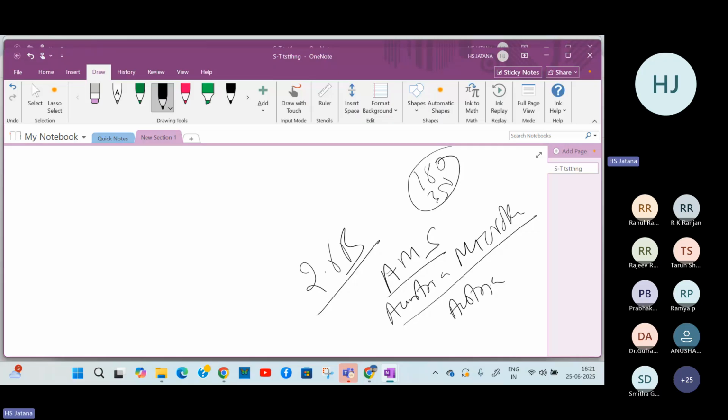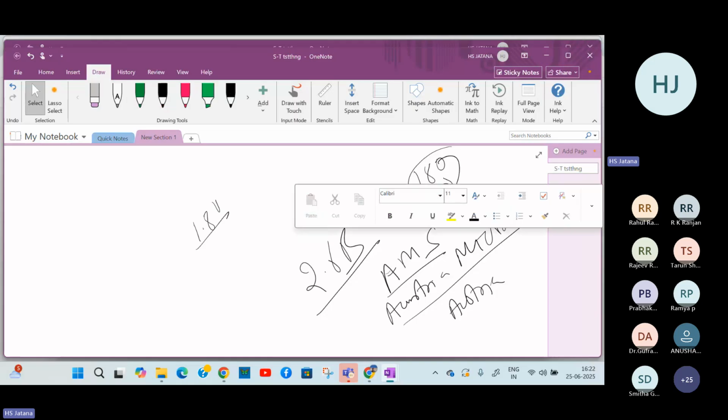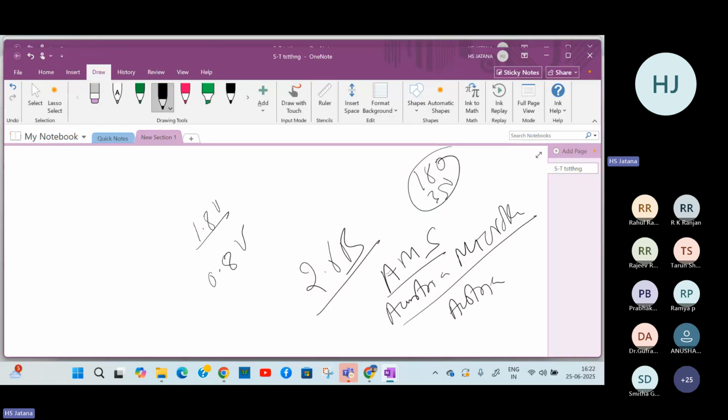All the components used in space and defense are not at a lower node. The reason is very simple. At a 1.8 volt device, noise margins will be more as compared to a device which works at 0.8 volt.